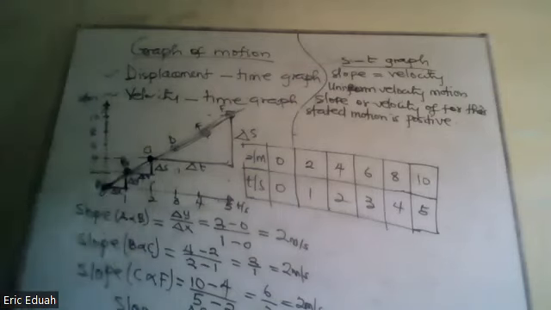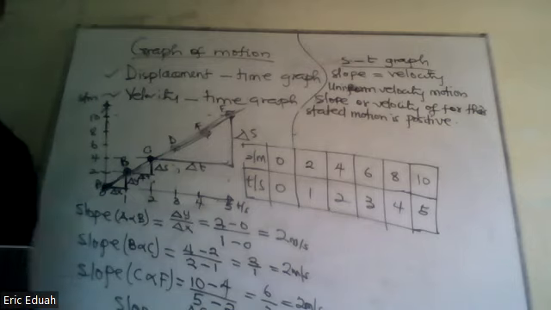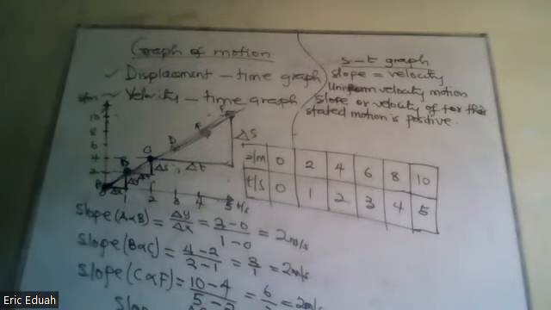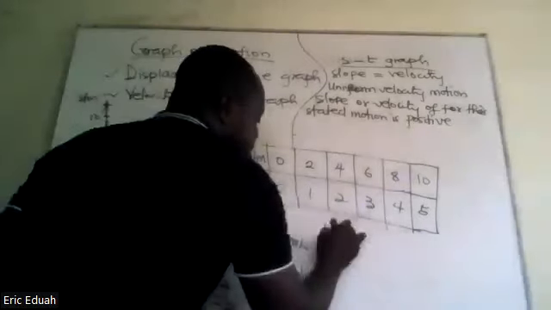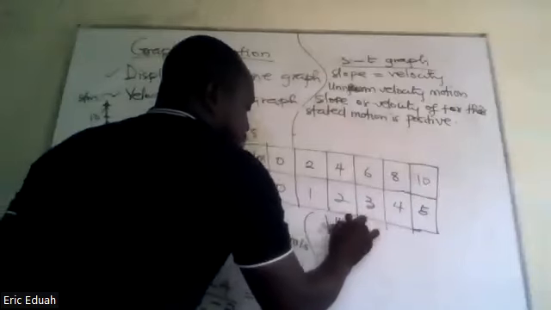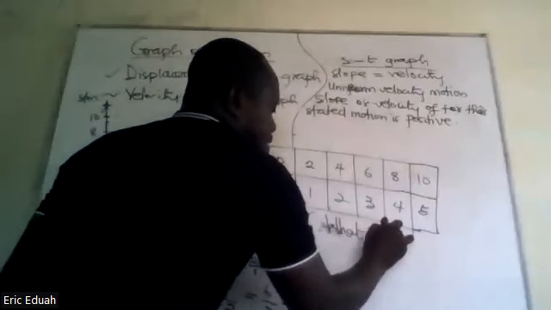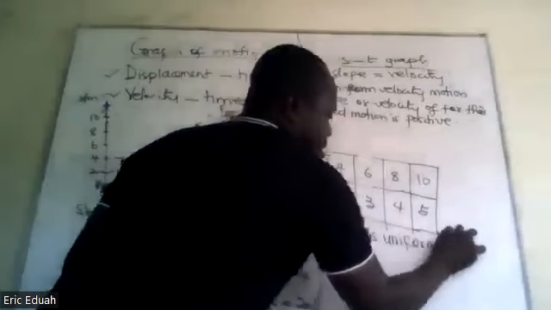Let's set another scenario. Bedu and Mami Araba, are you done copying? Before we set another scenario, let us understand what we mean by uniform velocity motion.